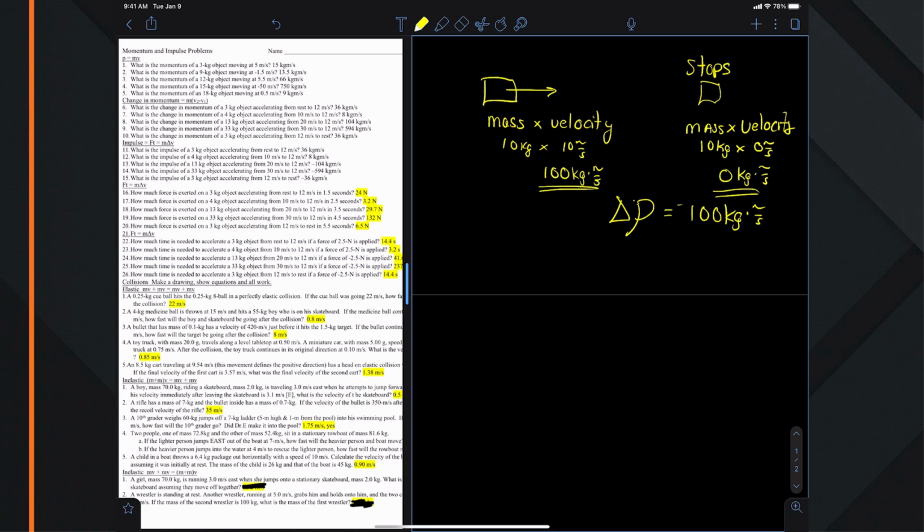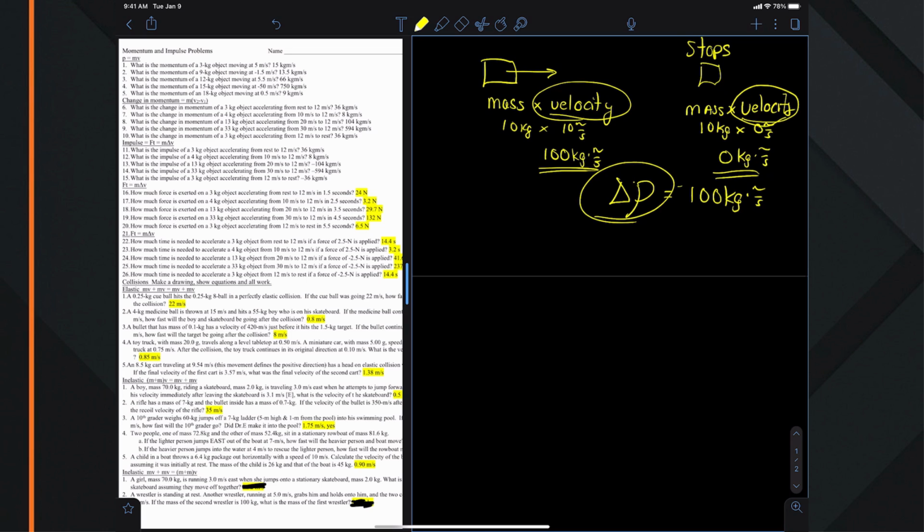So for our problems, we have to alter our formula just a little bit because now we're having to figure out our change in momentum. And that change in momentum, well, that change occurred because we had a differing velocity. The mass stayed the same, but the velocity is changing. So for the formula here, we're going to just simply put change in momentum, right?